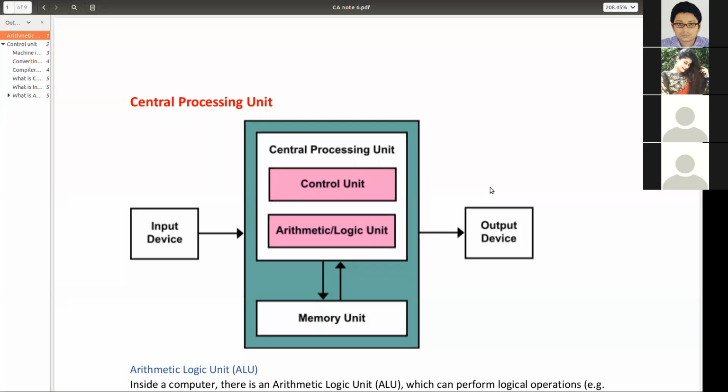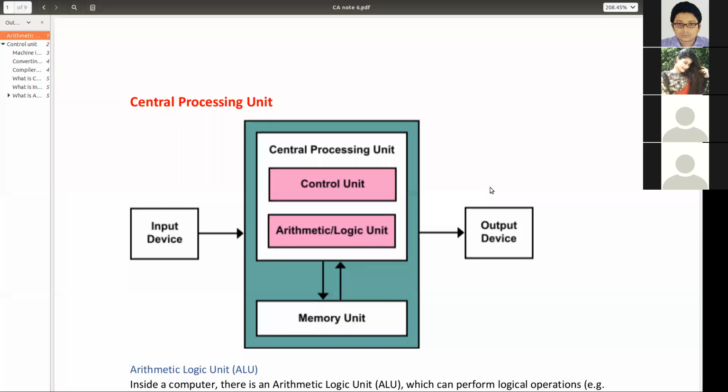Now all these things need control, because a computer system is composed of several parts, and all these parts work together, and that's why we get the output from the computer. If the different components are not integrated, if they are not working together, then we will not get the desired output, because each and every component has some specific function and responsibility.